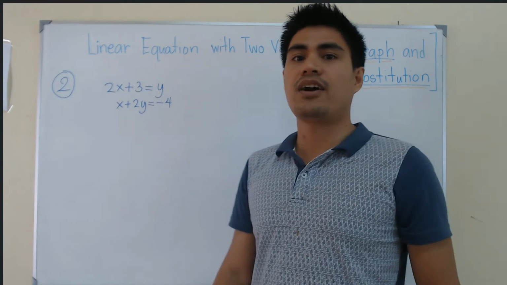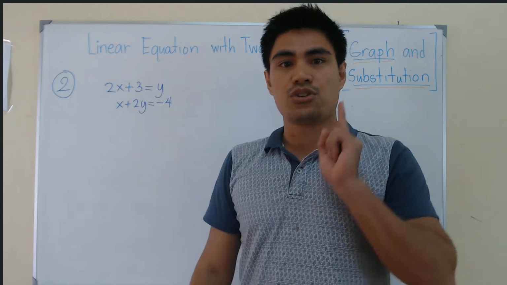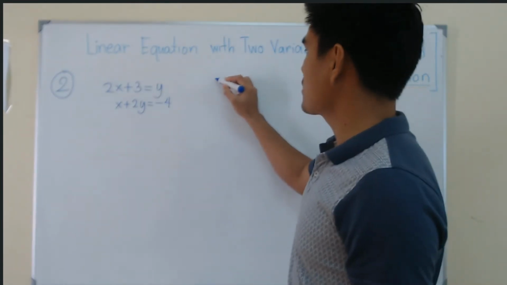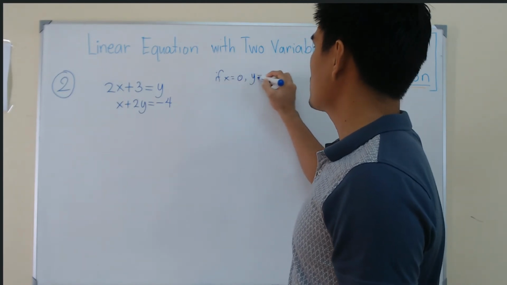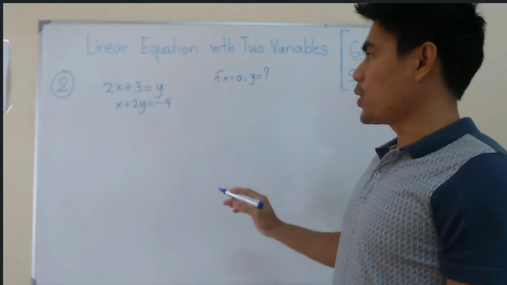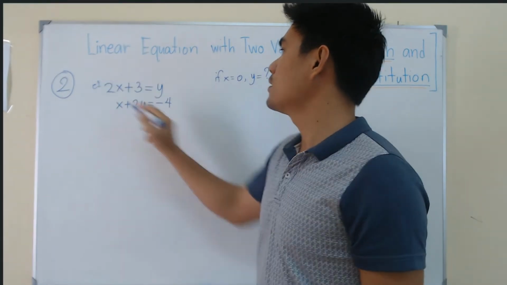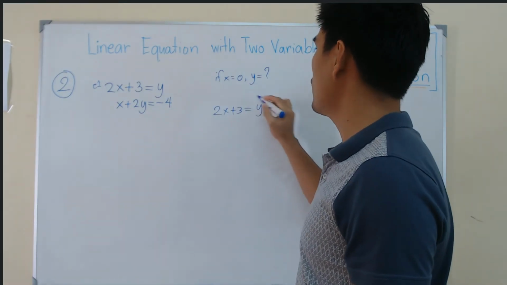Okay, now let's find the solution of this problem number 2 using the graph method. Okay, so let's set x. If x is equal to 0, y is equal to what number? So we have equation number 1. This is equation number 1. We have 2x plus 3 is equal to y.